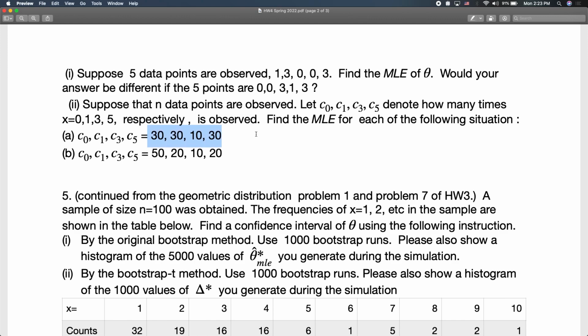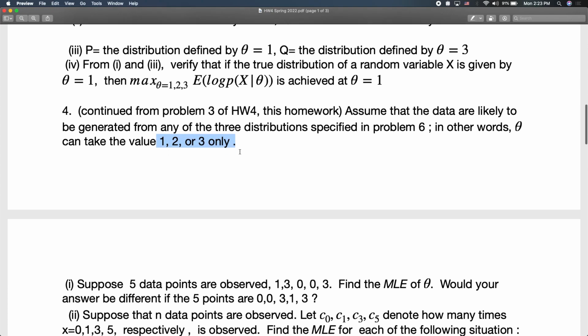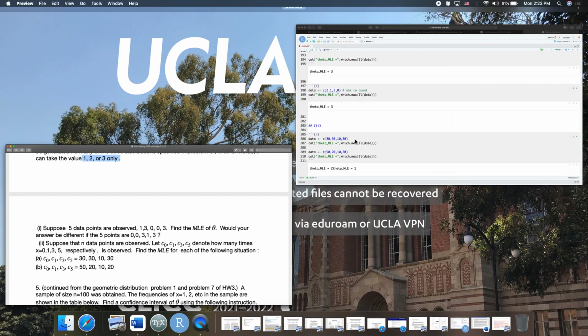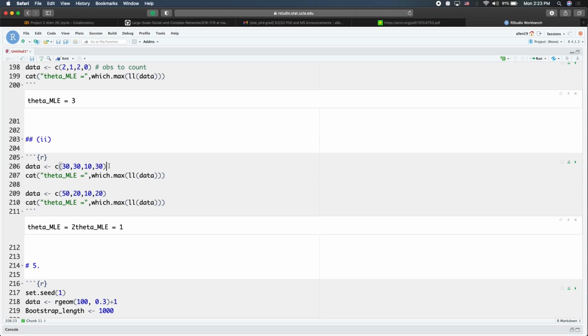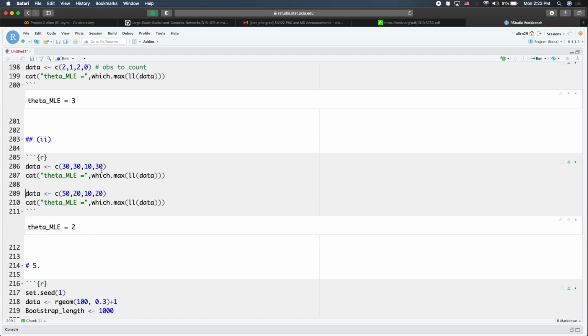Under this data set, the question is asking what is the MLE for this data set under the 3 possible choices for the distribution, because it can only be 1, 2, and 3, just in this homework. So when we plug in these corresponding counts into the log likelihood, we can see that for this particular data set, the MLE is equal to 2.